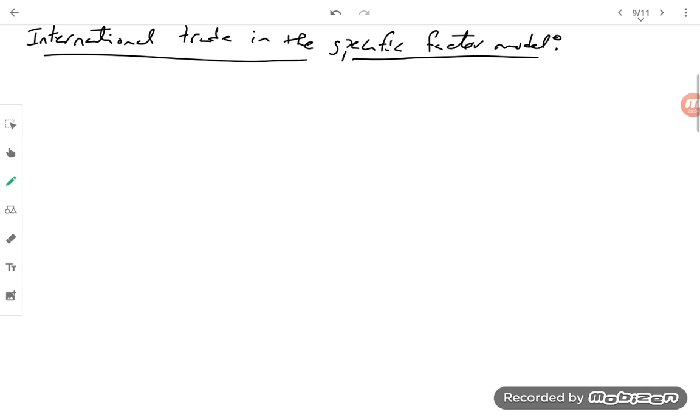In international trade, a country must face a world relative price, which is different from its domestic or autarky relative price.